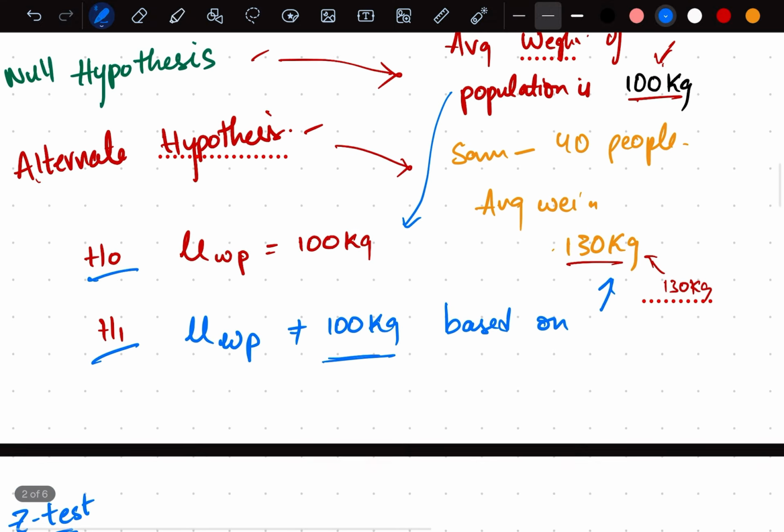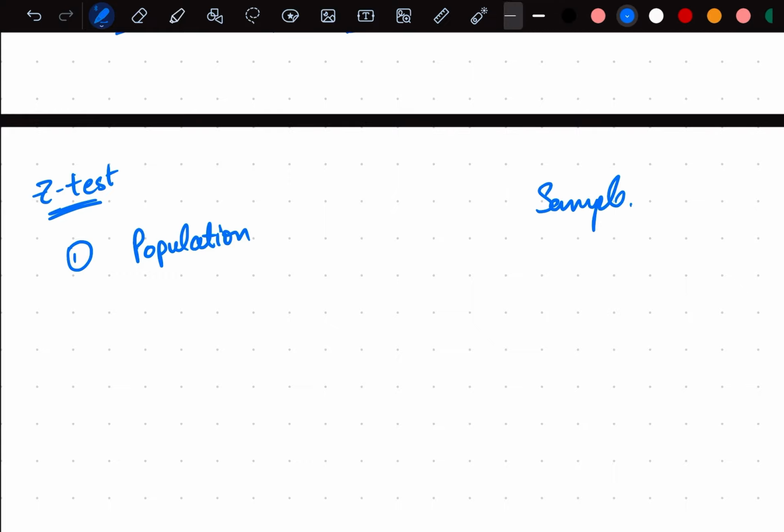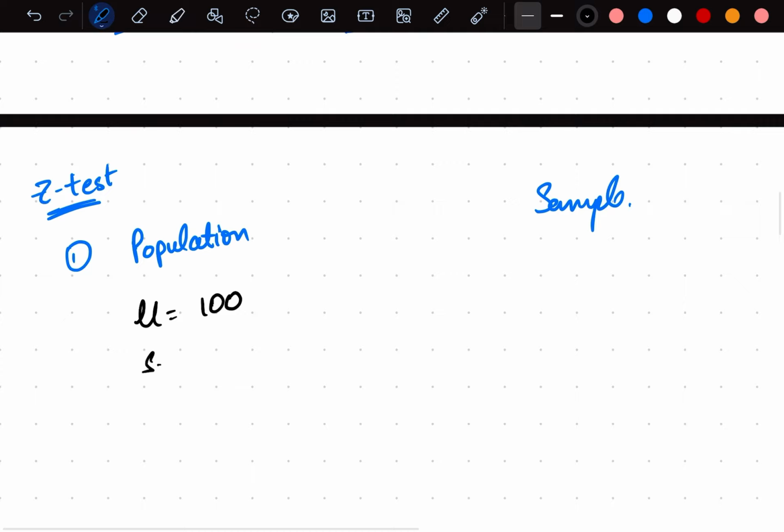Okay, let's start with this example. First things first, I would be talking about z-test. So our information as per the previous one is the average population, sample. Population mean is 100. Okay, let's say standard deviation is 5, not even 5, let's take 2.